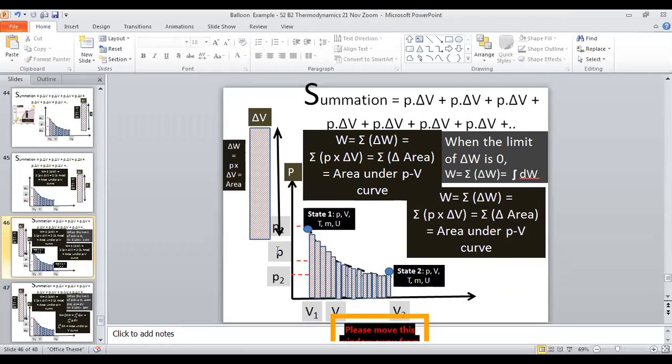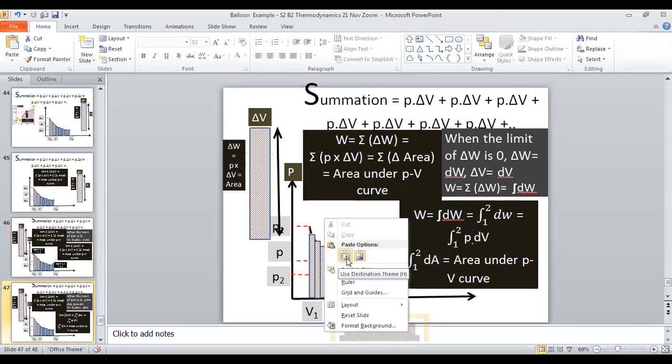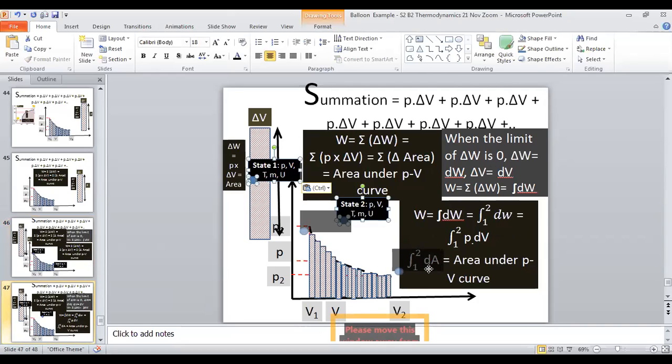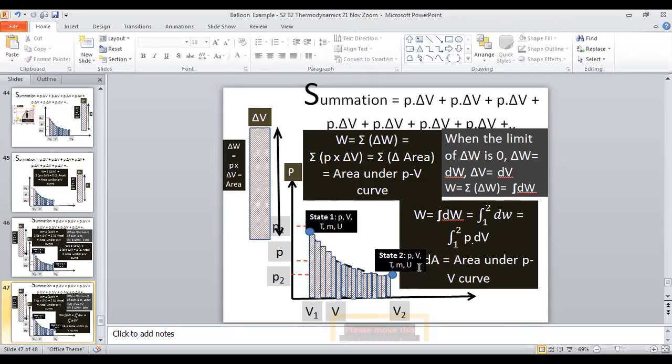So sigma delta W from 1 to 2, to state 2.